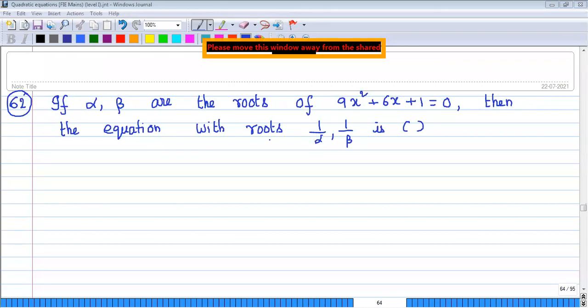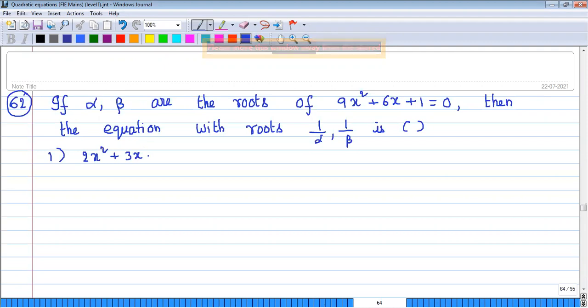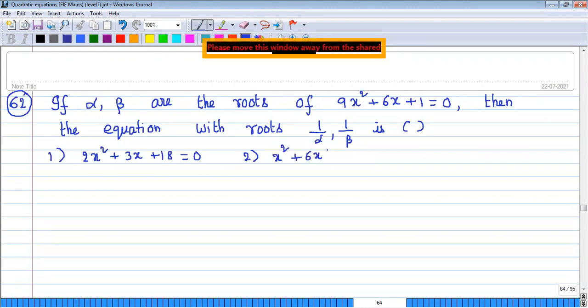The equation with roots 1 by alpha, 1 by beta is: first option, 2x square plus 3x plus 18 equals 0. Second option, x square plus 6x minus 9 equals 0.